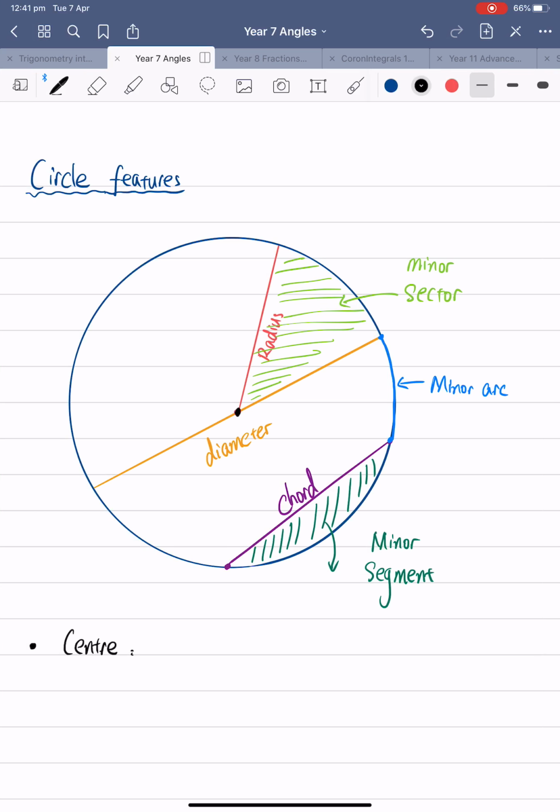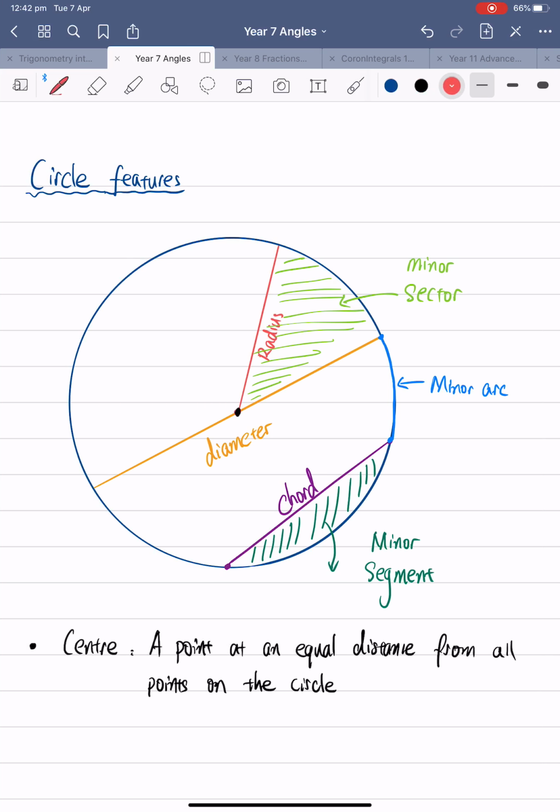The center is a point at an equal distance from all points on the circle. So every point on the circumference of a circle is an equal distance from the center. That's the first definition that's really important.